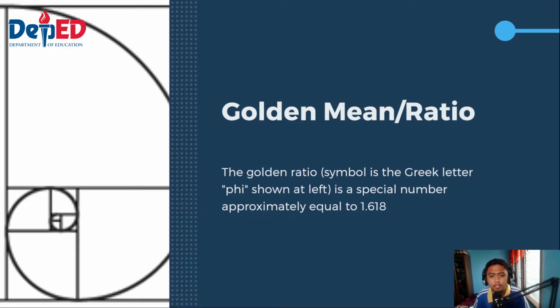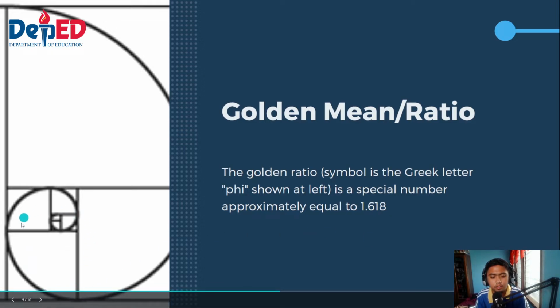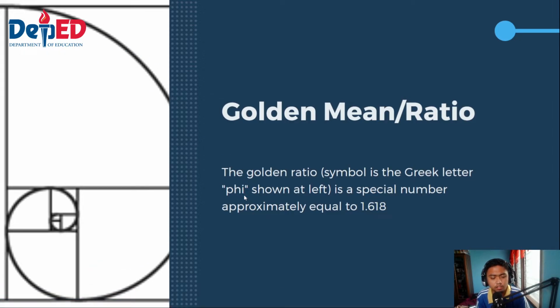Everything that is natural, for example, a shell, has a perfect shape. If you notice here, there's a curve, there's a swirl on the shape, wherein this is the golden ratio. If you are going to use this, you will focus on the rectangles, like this one, and you will be forming swirls like this one.